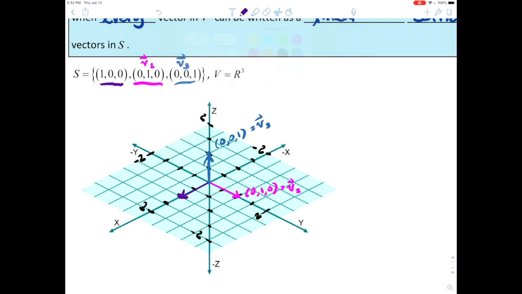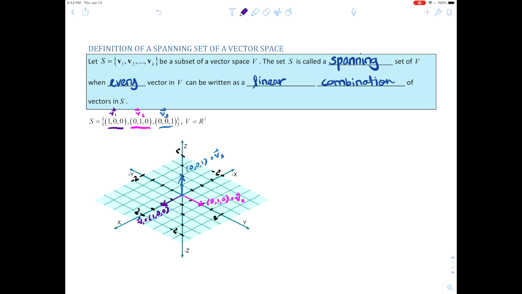And in the purple we had our V1 equal to 1, 0, 0. Cool, cool? So, all right, let's think about, do you think this one would span? We need to figure out if we can utilize these three vectors in a linear combination to get any vector in R3. Groovy?